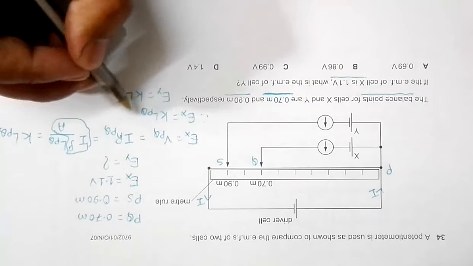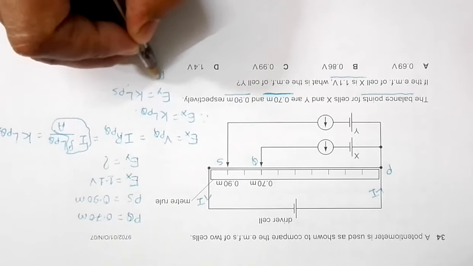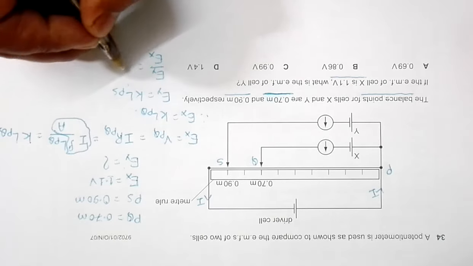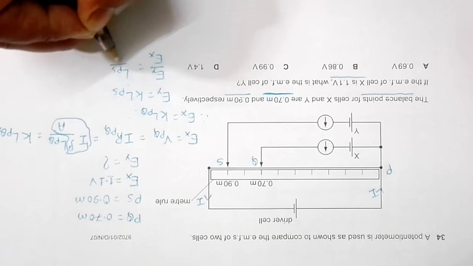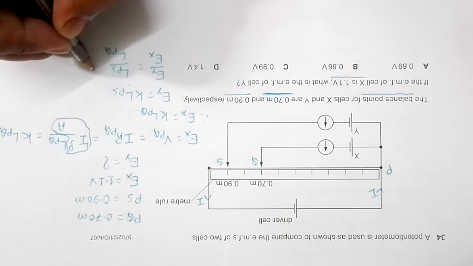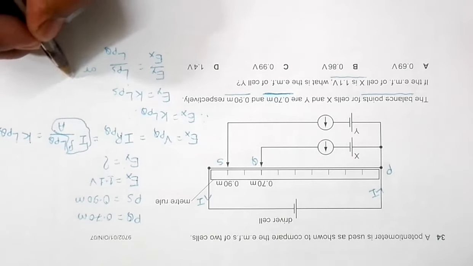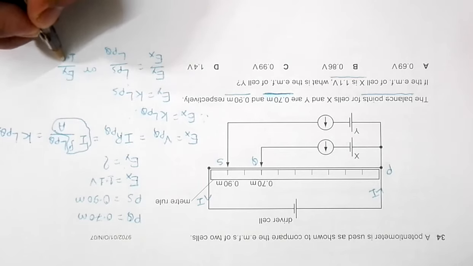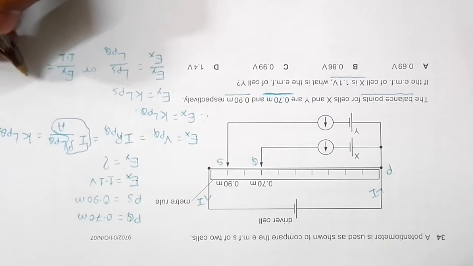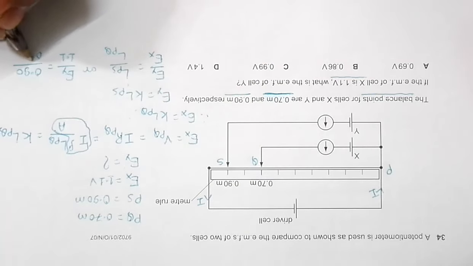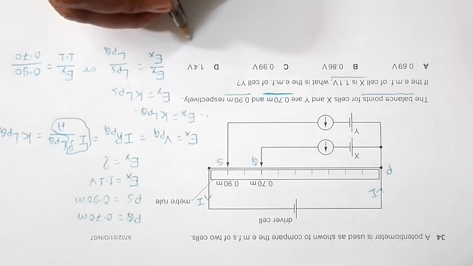So if I divide this equation by this, I must have EY by EX is equal to, I cancel K and K, LPS divided by LPQ. Here EX is 1.1, LPS is 0.90 and LPQ is 0.70.